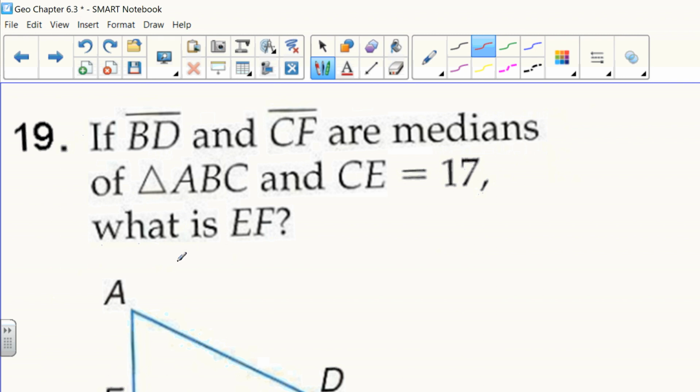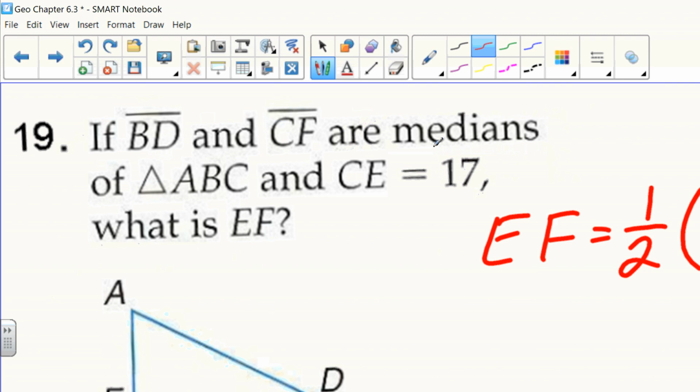CE is 17. What is EF? So point E is a centroid. Are we going from smaller to bigger or bigger to smaller? Bigger to smaller. So the smaller is equal to half of the bigger segment. What's the bigger segment?